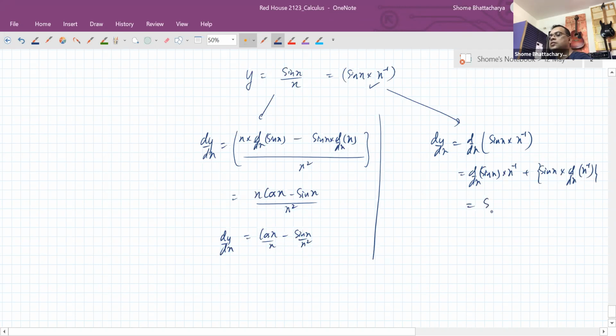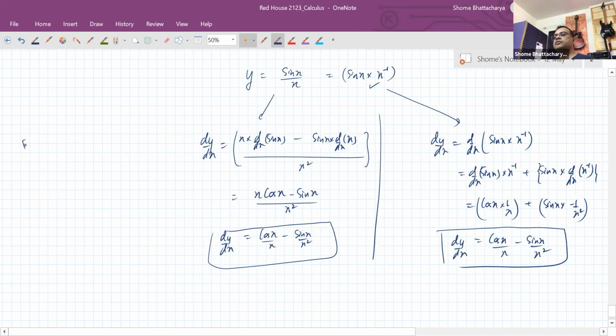This is cos x into 1 by x, and this will become sin x into -1 by x square. So that's the same thing as this. Okay. So in a case like this, it's quite feasible to use either of the two, but there will be instances where it will not be so feasible. So I'll discuss that also.